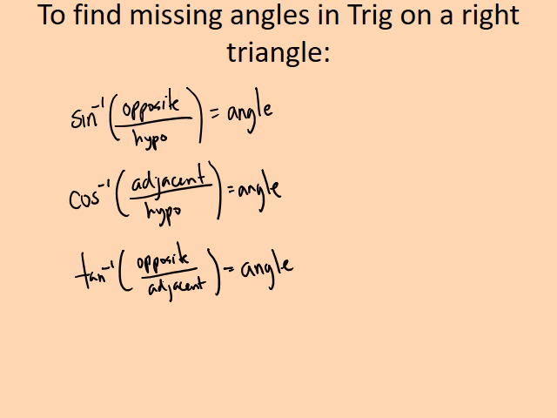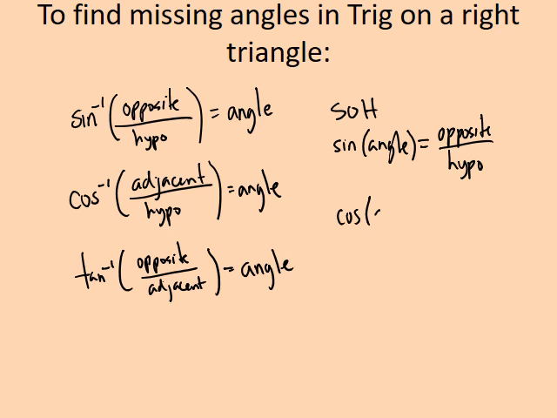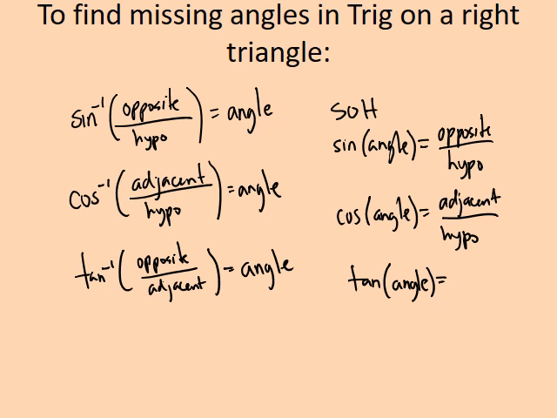SOHCAHTOA is the reverse. SOHCAHTOA tells us that the sine of an angle equals the ratio of the opposite divided by the hypotenuse. The cosine of an angle is the adjacent divided by the hypotenuse, and the tangent of the angle equals the opposite divided by the adjacent.